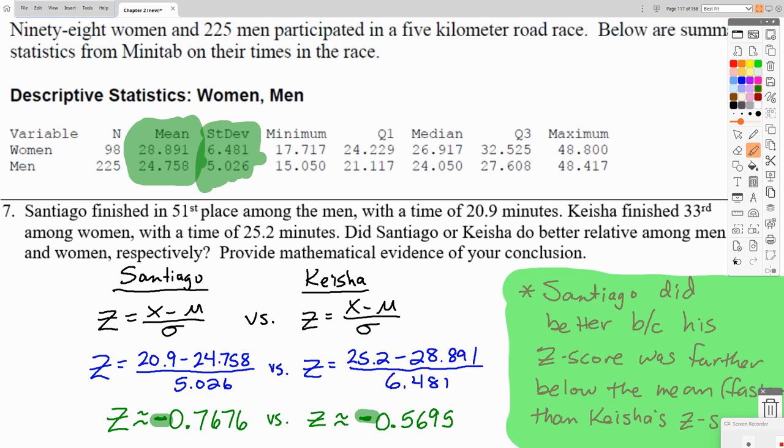But who was further from average, meaning faster and better? Technically, Santiago is further away from the mean of 0 than Kesha is. So even though Santiago got 51st place, if we compare the men and the women in terms of z-scores, Santiago's time is relatively better than Kesha's.